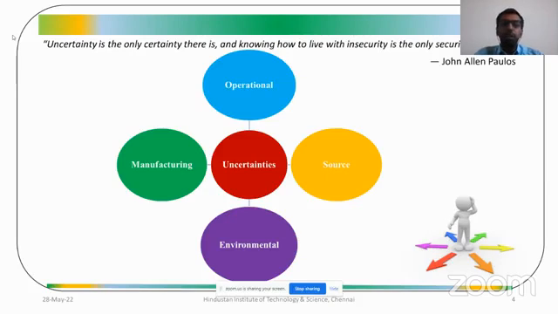We can understand these uncertainties by taking a simple example. Consider a bridge over a river. The uncertainty available in the material from which the bridge is constructed is the source uncertainty. The uncertainty which may be induced during the construction of the bridge is the manufacturing or construction uncertainty.